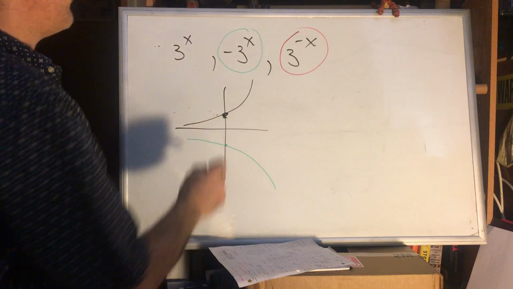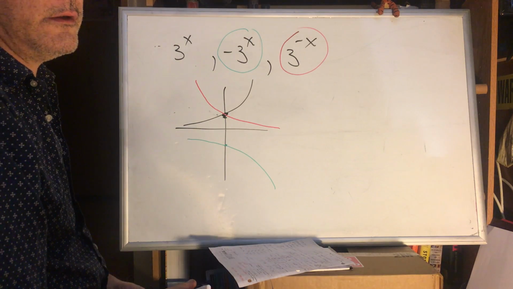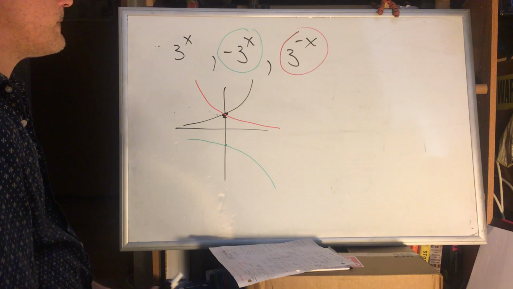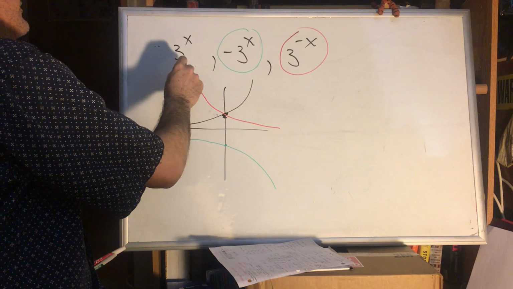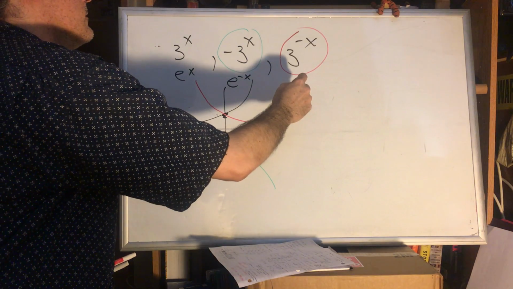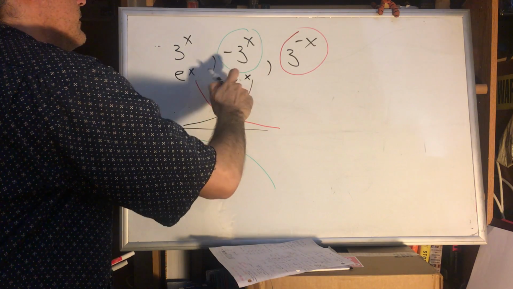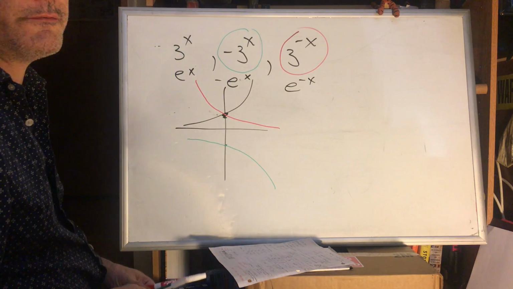So this is where you reflect across the y-axis, which we kind of looked at previously. Now this would be no different if this was e to the x, e to the negative x, or negative e to the x. No different.